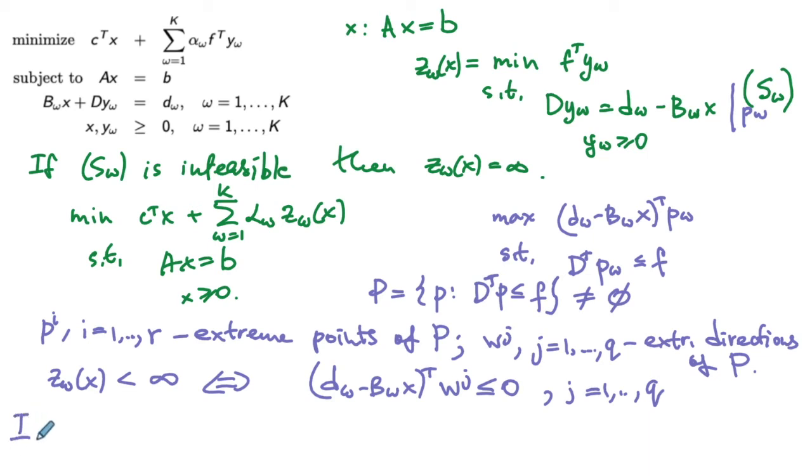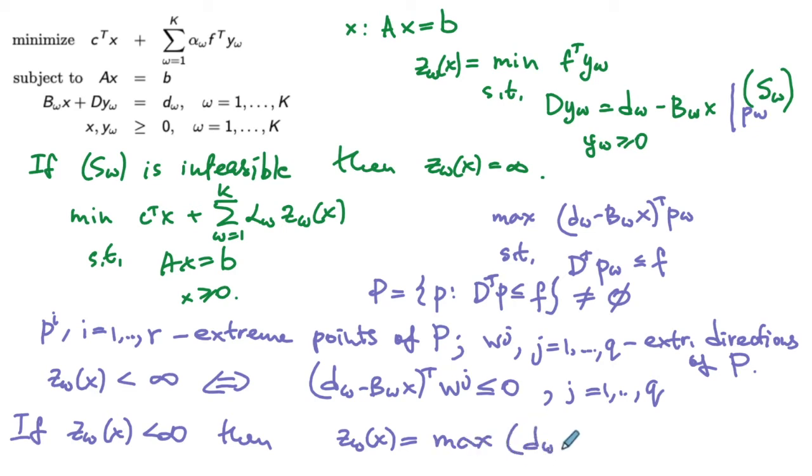So if z_omega of x is finite, then the optimal objective value for the dual will be achieved at one of the extreme points of the set P, and our z_omega of x by strong duality will be equal to the best objective value for our dual at an extreme point of the set P. So here I'll write pi_i, the extreme point of the set P, and we take the maximum over i between 1 and r.